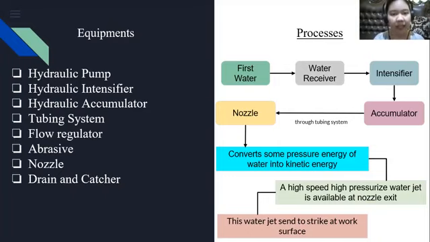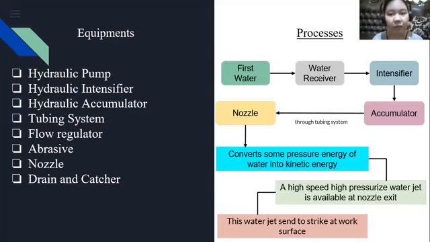And on the left side, there are the processes of water jet machining itself. First, water is filled in the water reservoir. It provides water for the cutting operation. A pump sucks water from the water reservoir and sends it to the intensifier. The intensifier increases the water pressure from 4 bar to 4,000 bars.